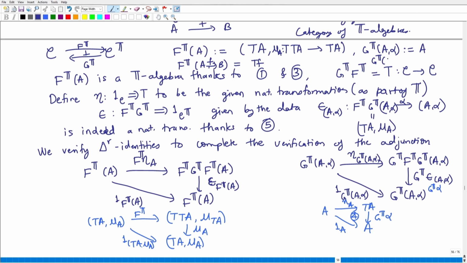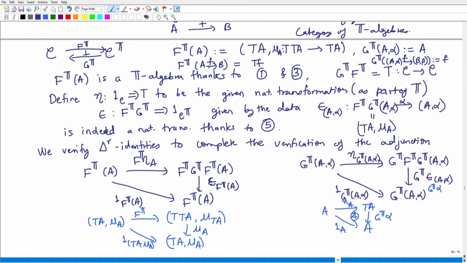G^T of (A, α) to (B, β), and this map f, I think it is just f. Don't need anything else. Okay, so G^T composed with α, well, it won't do anything.